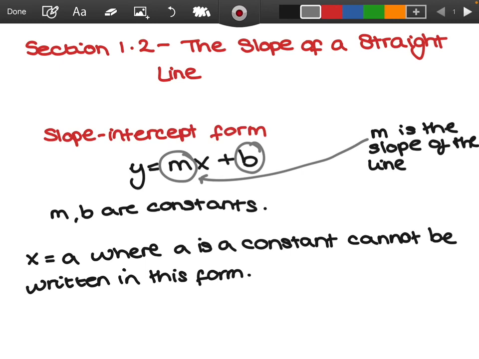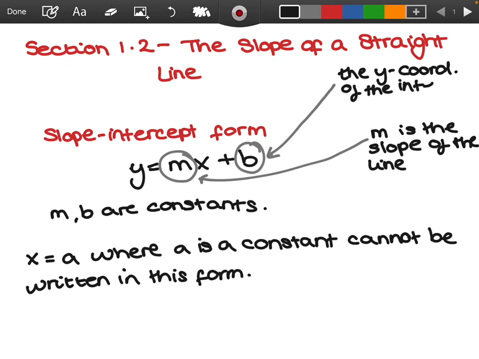Whenever we had a line in slope-intercept form and found the y-intercept, that constant b always turned out to be the y-coordinate of the y-intercept. Remember, the y-intercept always has 0 as its x-coordinate, and the value b would be the y-coordinate of that y-intercept.